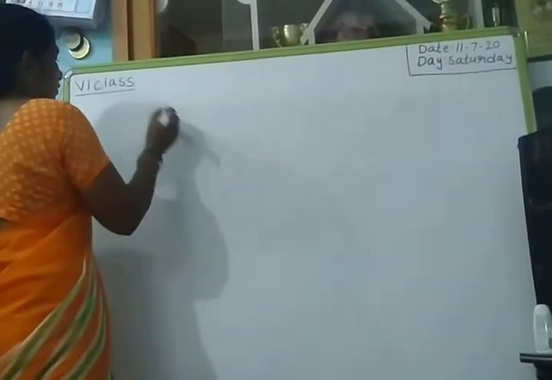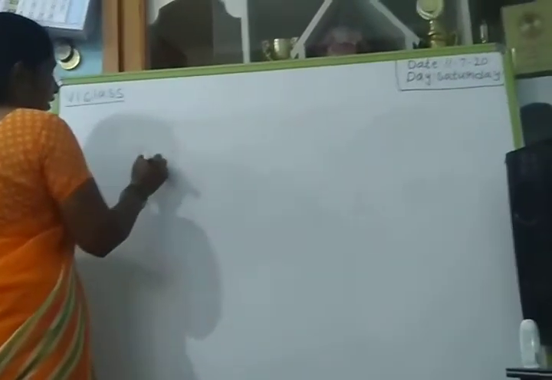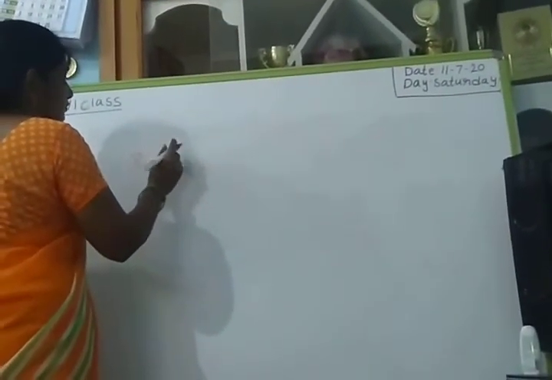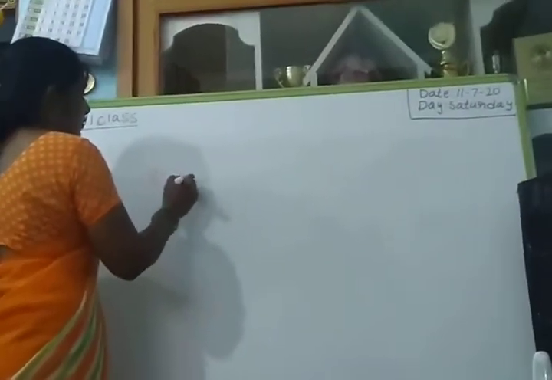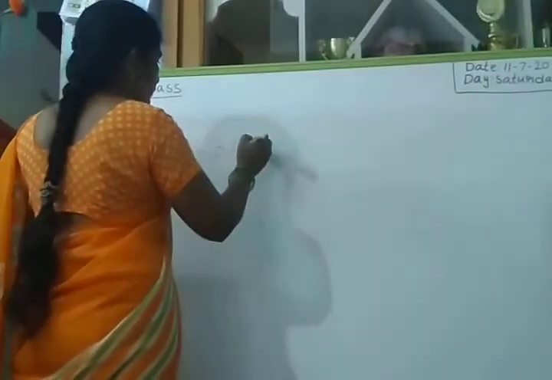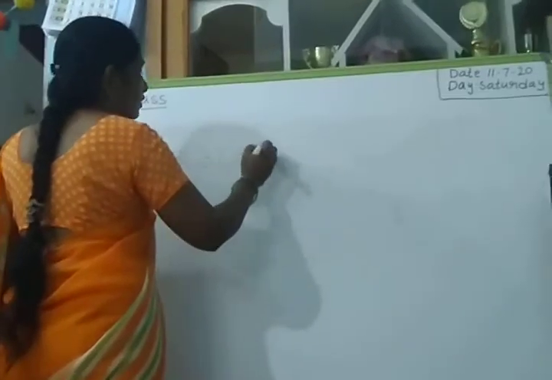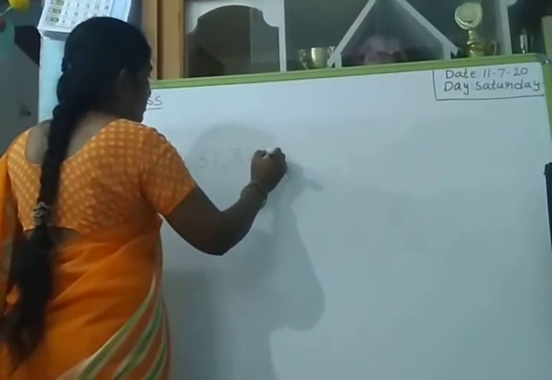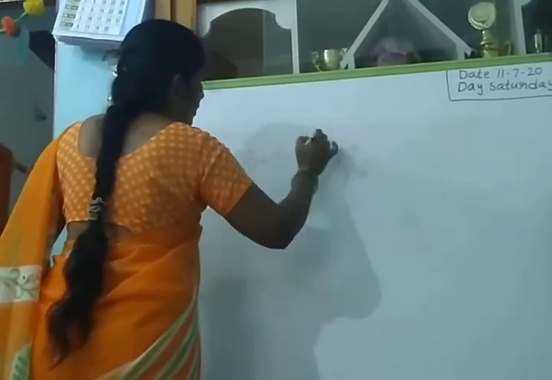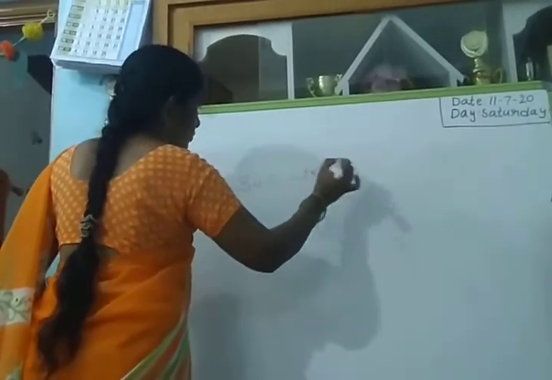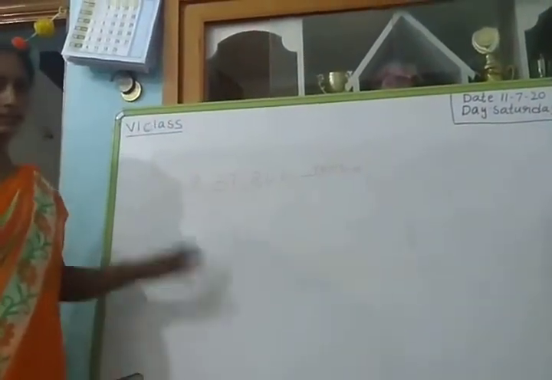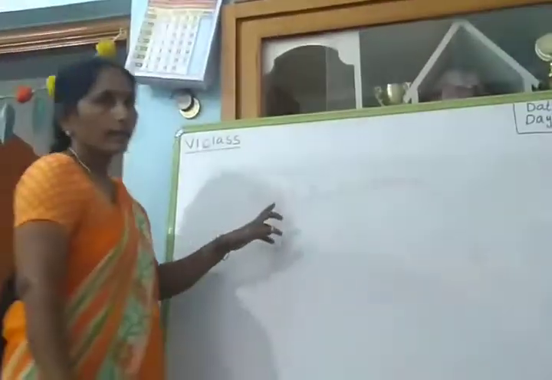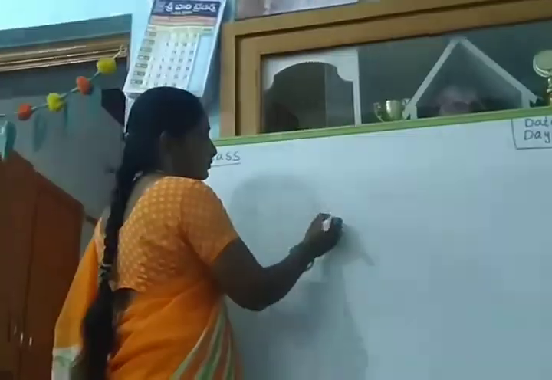Let us see one more example. 8,37,846. This number I am rounding first at the tens place.